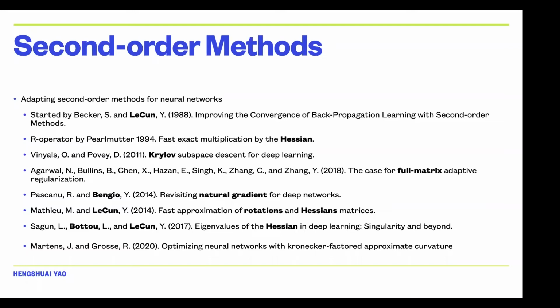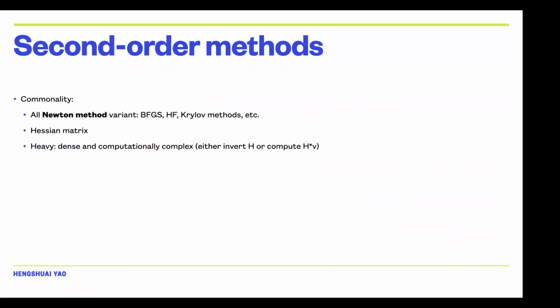We saw a number of familiar names, as well as some keywords that capture the commonality between the methods: Hessian, full matrix, Krylov, natural gradient. These show that the commonality between these methods is the Hessian matrix.